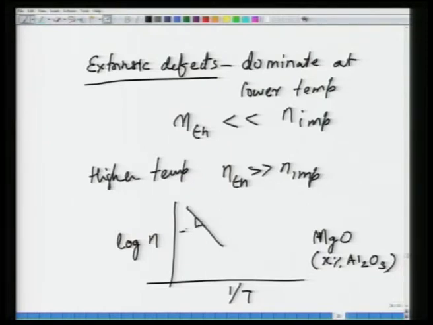This is your minus delta H_F, or H_S in the case of Schottky defects, delta H_S by k, and so this goes like this.